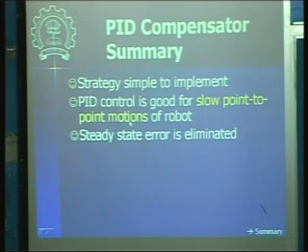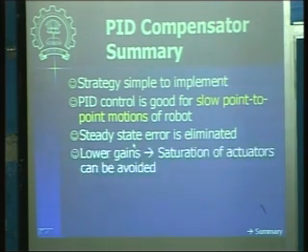This steady state error is eliminated. Then we can now use lower gains. Because of the integral control action, we don't have to use very large gains to have a smaller steady state error, as in PD control. So here we can use lower gains, and you can avoid saturation of the actuators. This is very important in terms of control implementation.